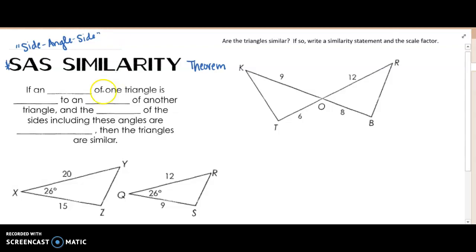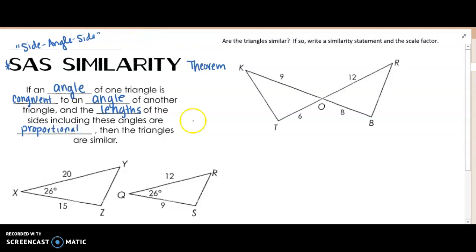This theorem tells us that if an angle of one triangle is congruent to an angle of another, and the lengths of their sides, including these angles, are proportional, then the triangles are similar.